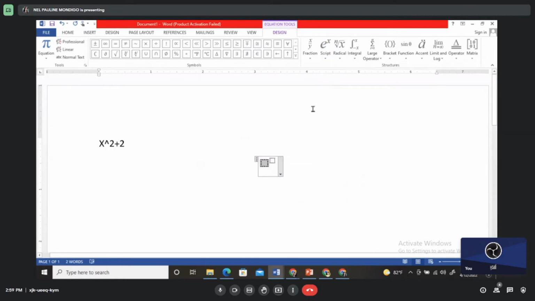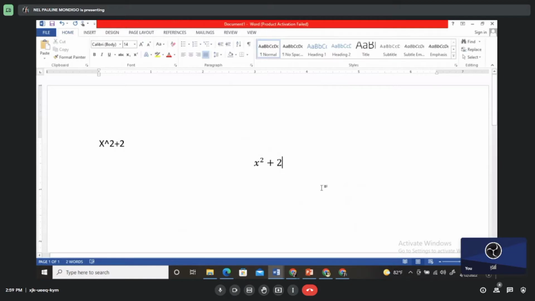For our first box, add x, or you can type x. For the power is 2, then plus 2. Between the two, this one is way better compared to this because it is easier to understand.